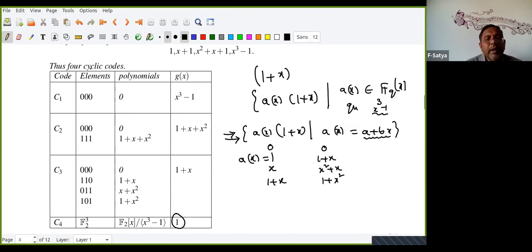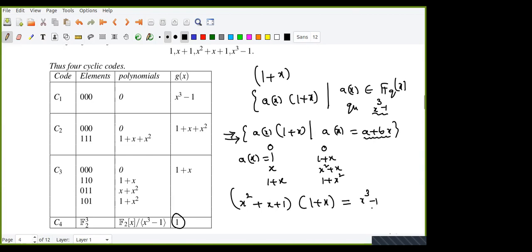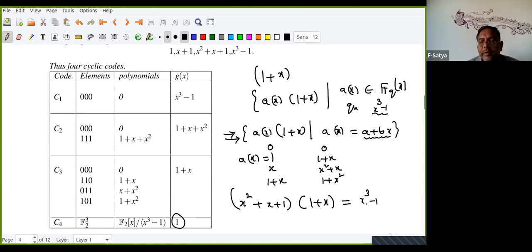Now you take any polynomial. For example, I take x square plus x plus 1. Let us work out a more complicated example and check it. Multiply with 1 plus x. What is this going to be? This is quite obvious, it is equal to x cube minus 1. Do you agree? Yes, sir. But if we take the quotient with this one, what am I going to get? Zero.